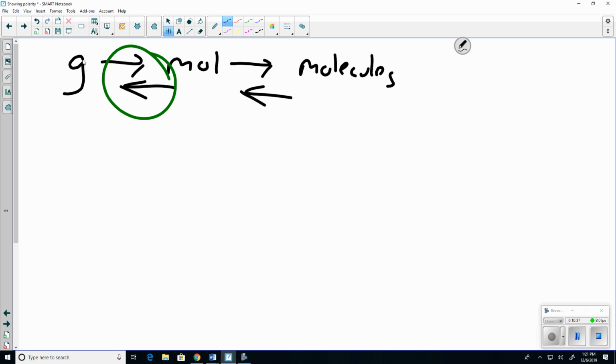Because remember, in order to convert from grams to moles, or vice versa, you need your periodic table because you need to figure out the molar mass of something. Does that ring a bell? So hopefully this is brief to show you how to solve for the molar mass, because then at that point it's the same type of stuff you've always done.